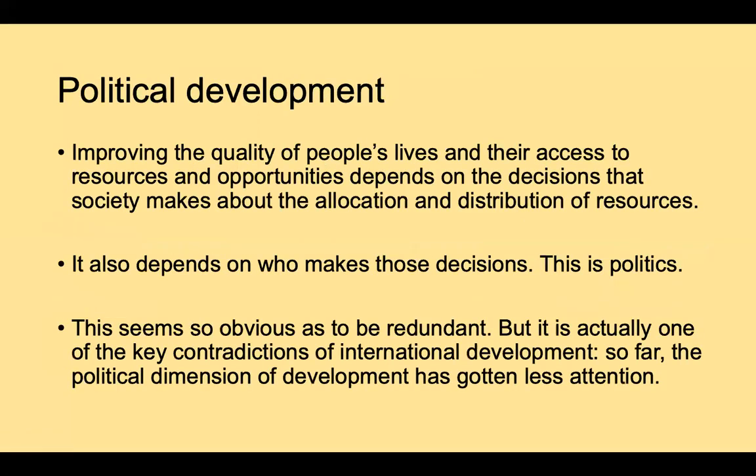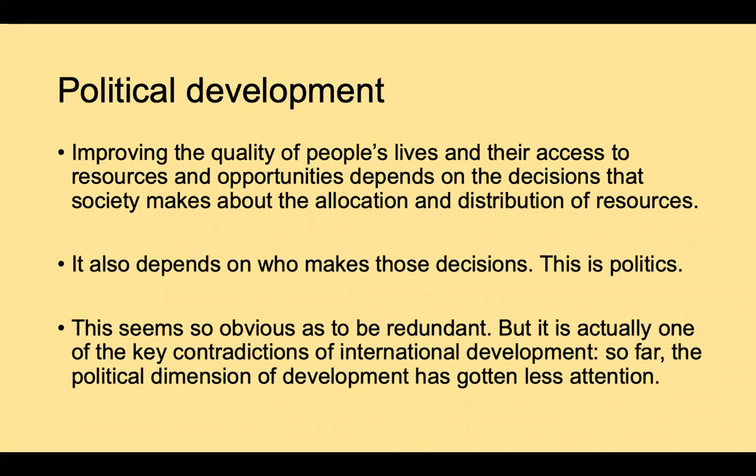So political development, what we can say then is that improving the quality of people's lives and their access to resources and opportunities depends on the decisions that society makes. And societies choose, they make choices about the allocation and distribution of scarce resources. All societies make choices. They set up institutions and systems for regulating and ordering that process.